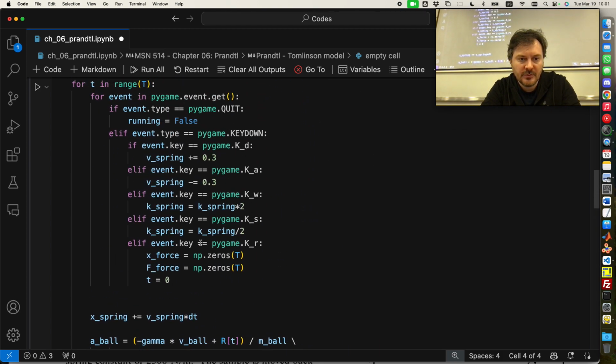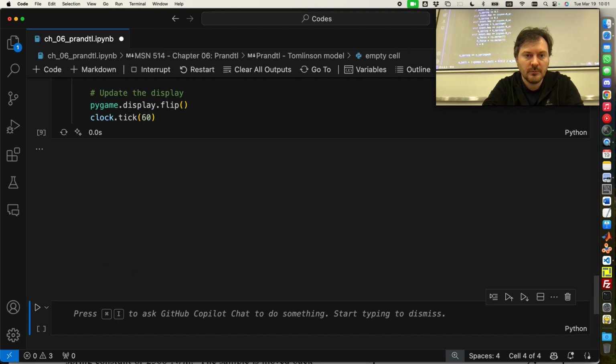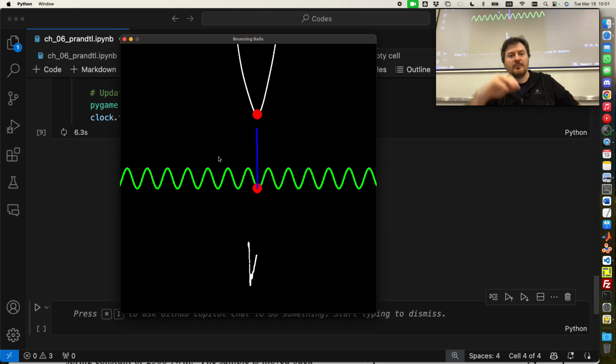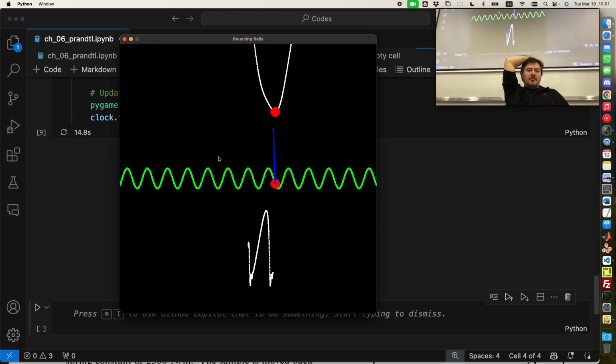Where am I changing velocity? Let me do it this way. You see, it's not fluctuating that much anymore. As I promised, it's boring, right?